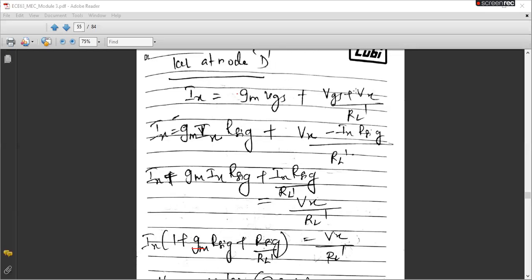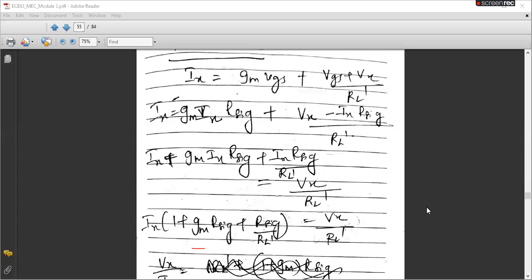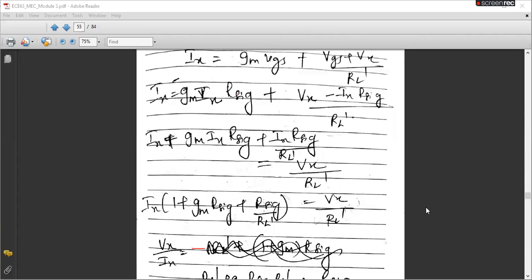Now take Ix common. Then find the ratio between Ix and Vx. That RL dash you can multiply to the left hand side, right? If I'm taking Ix along with Vx, I need to multiply RL dash with this entire term and finalize the equation.